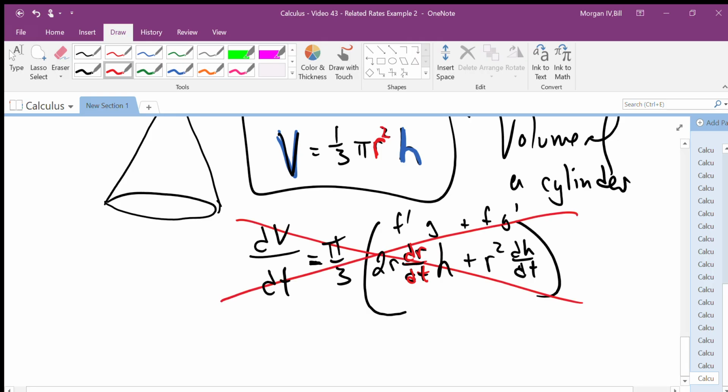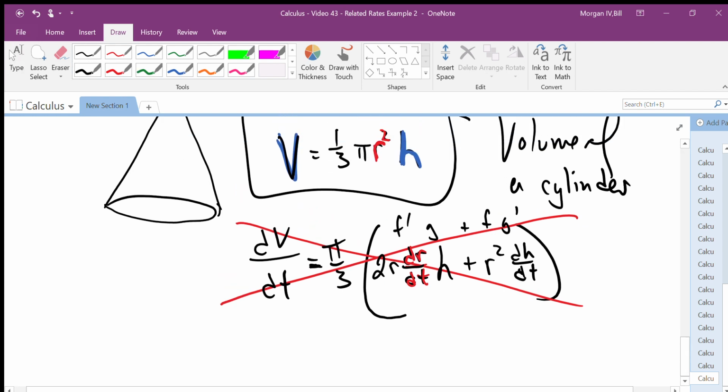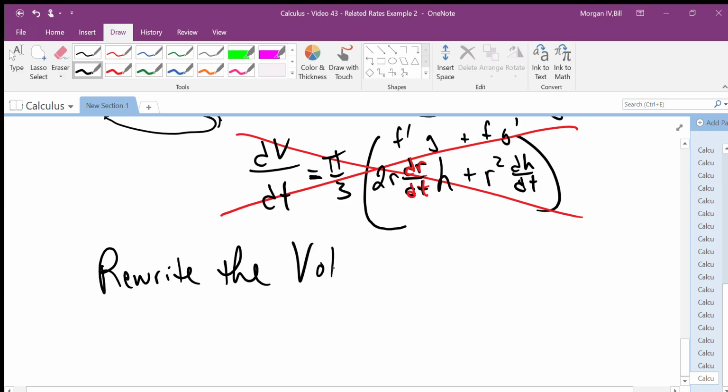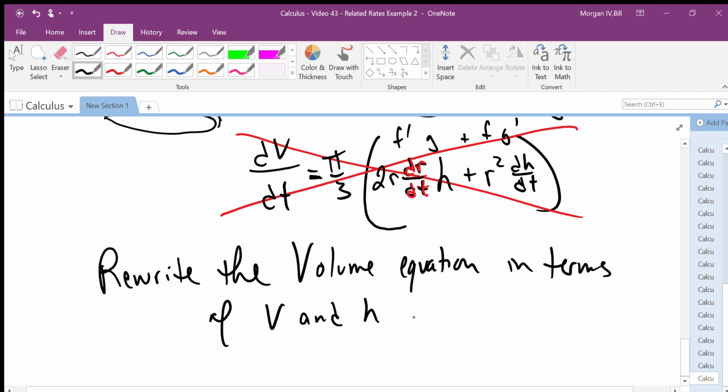What I want to do instead is to rewrite the volume equation. This volume is equal to 1/3 pi r squared h. We want to rewrite the volume equation in terms of V and H only, meaning no R's.